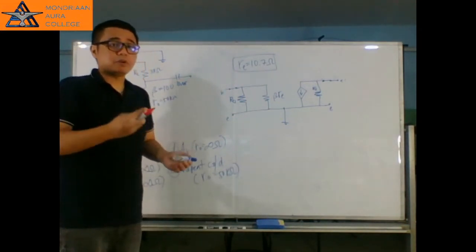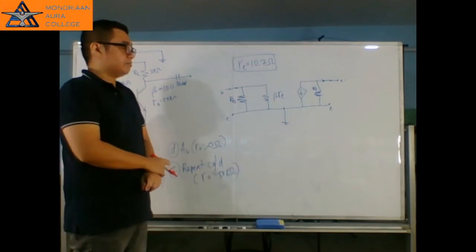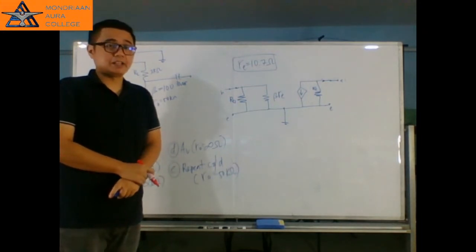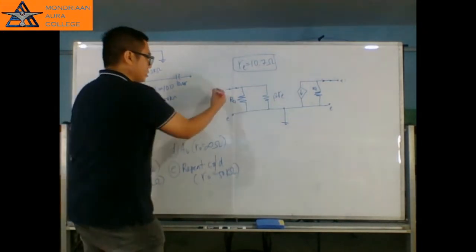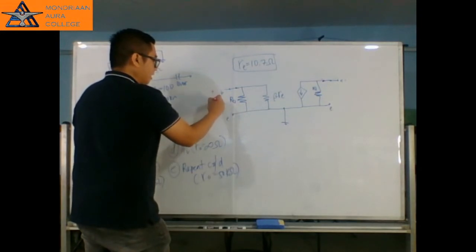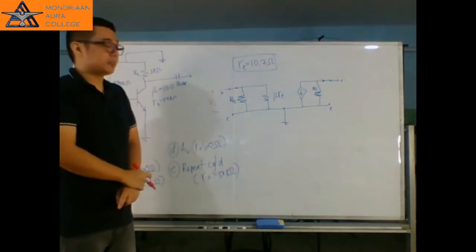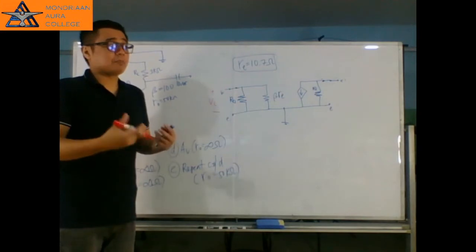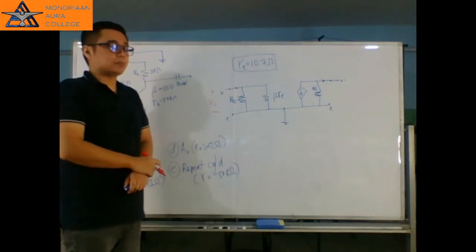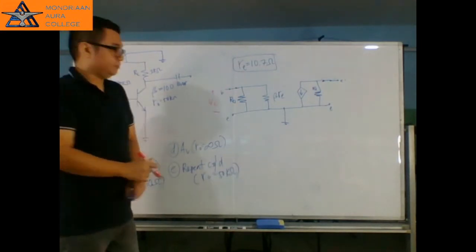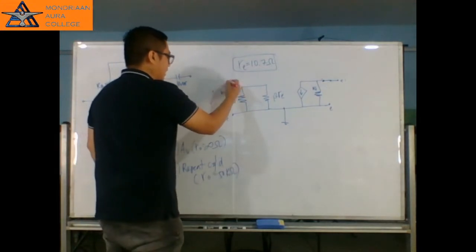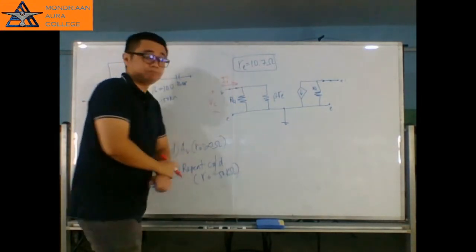Next is, we will write down the induced currents para dun sa ating R sub E model. So mag-a-apply tayo dito ng input signal, which is represented by V sub I. Dahil nag-apply tayo ng input signal sa ating input terminal, magkakaroon tayo ngayon ng input current.